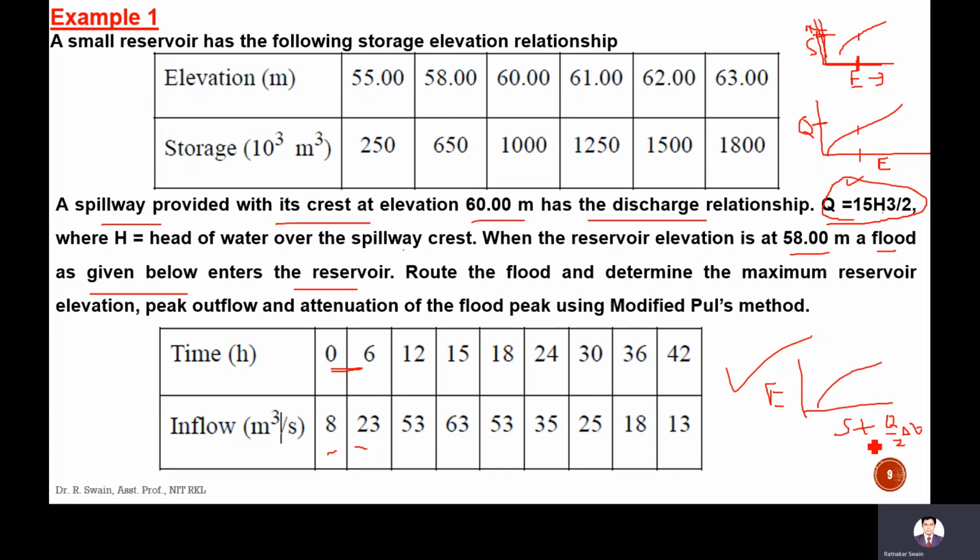Once we calculate this value, the corresponding elevation can be determined from this curve, and from the corresponding elevation, Q is the output, that is the Q2. Like this, for all time steps, and at last, Q versus time is plotted.